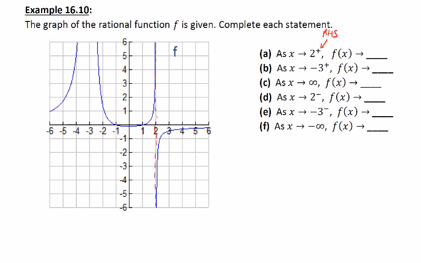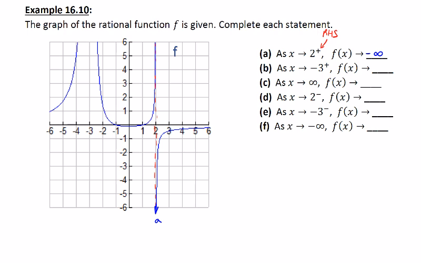So there is a vertical asymptote there at 2. And to the right of the vertical asymptote, I see there's an arrow down toward the bottom. I'm going to label that with A because that's what goes with statement A. And we'll see there that the function is headed toward negative infinity with its y values.